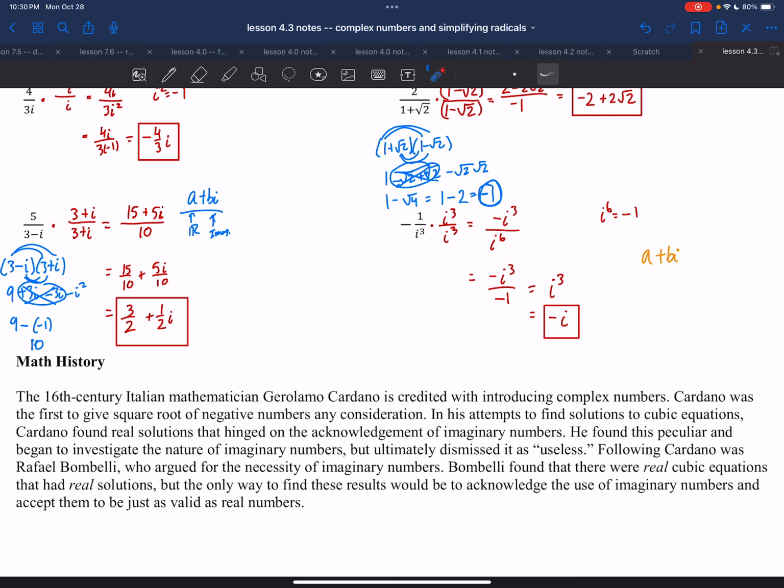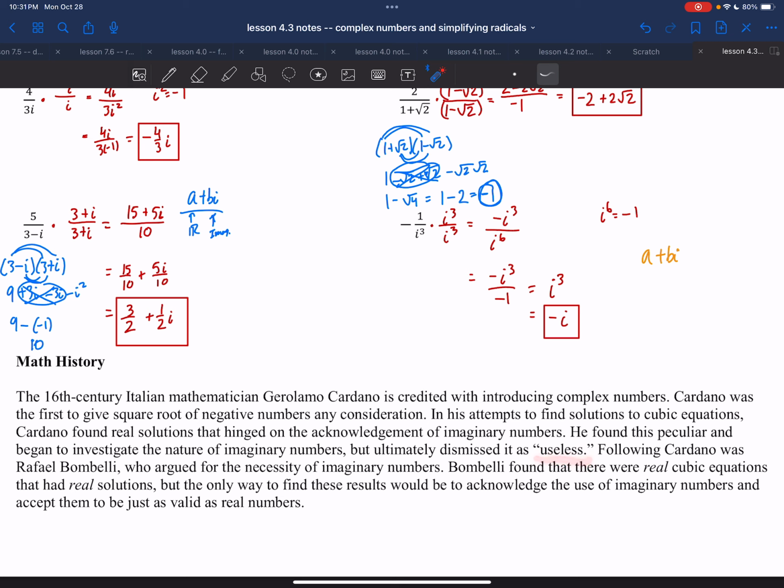And so what was interesting about this is Cardano had a physical cube whose side lengths you could only find by acknowledging the square root of a negative number, meaning the problem was not solvable unless you treated the square root of negatives as legitimate. Still, he didn't think this was that useful.